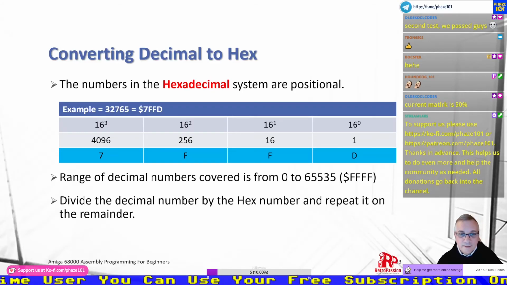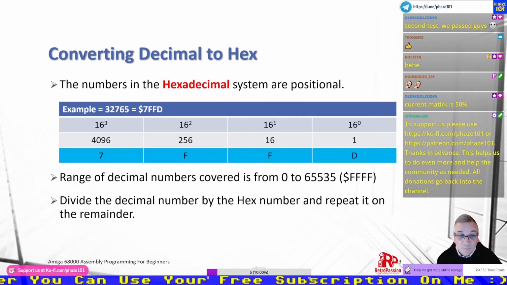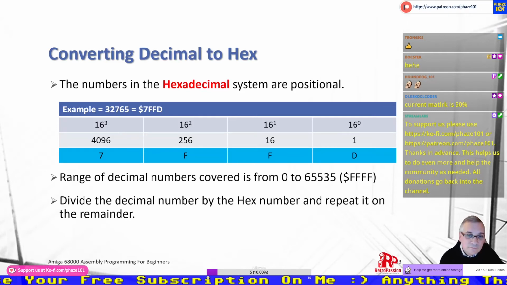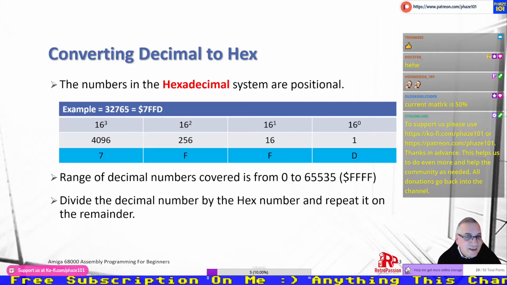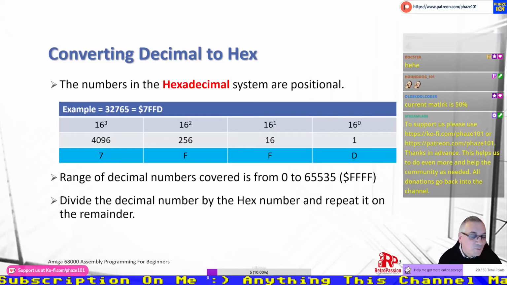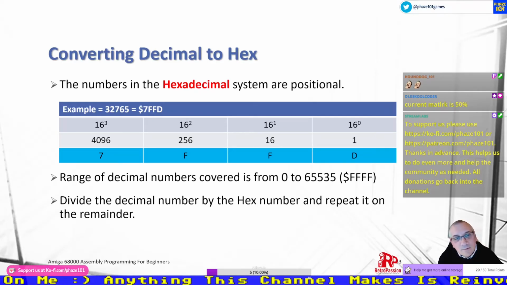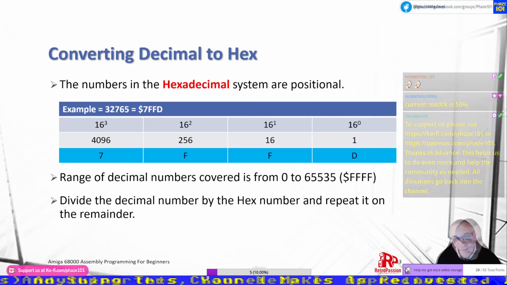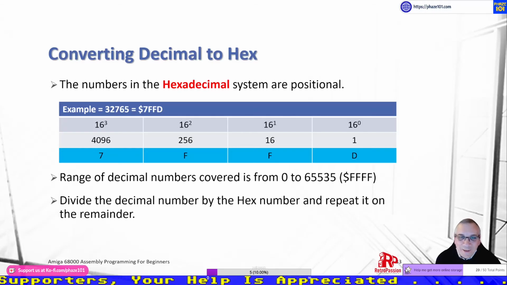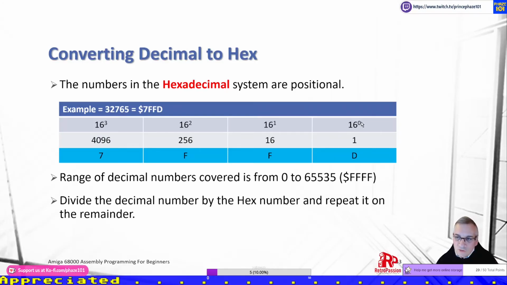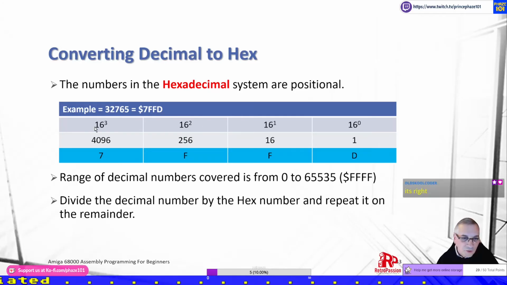The numbers in the hexadecimal system are positional, same as previously. So if we have 32765, which is 7FFD, it's the same thing. You take 16 to the power of 0, 1, 2, or 3.